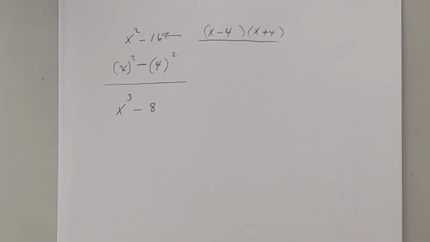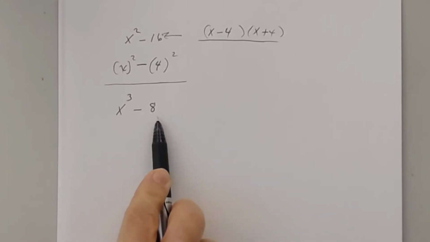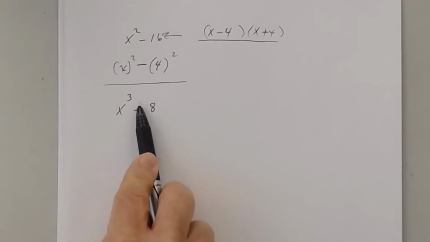So at this point, all you know is that if I have 2 terms and the GCF is 1 and there's a subtraction in the middle, then everything I've had so far in this lesson was the difference of 2 squares, right? But this is not the difference of 2 squares. First of all, 8 is not a perfect square. And secondly, my exponent is not squared. It's not 2. It's 3.